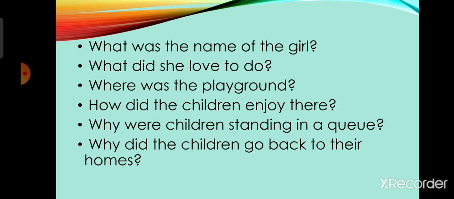Do you know where the playground was? Yes, you are right. In the park by Ruby's house, there was an old playground that wasn't in good condition. Now tell me, how did the children enjoy there?